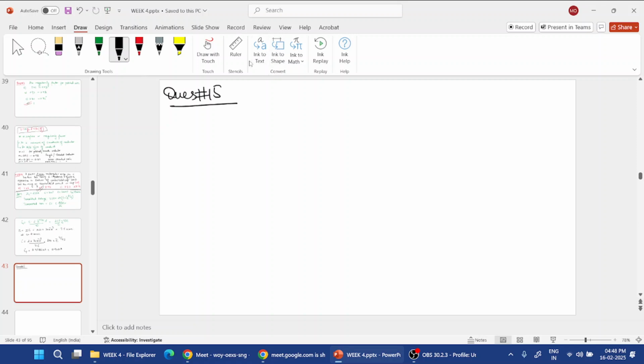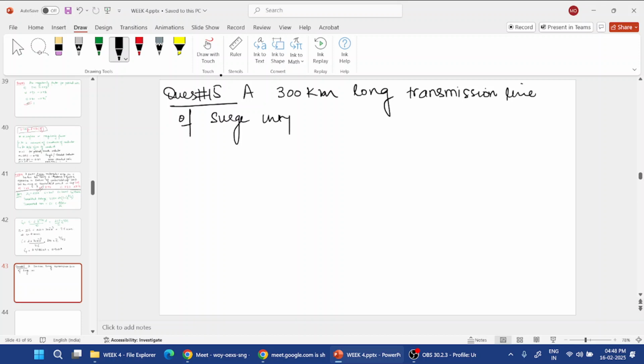Question number 15. A 300 kilometer long transmission line of surge impedance 260 ohm is terminated at a substation.